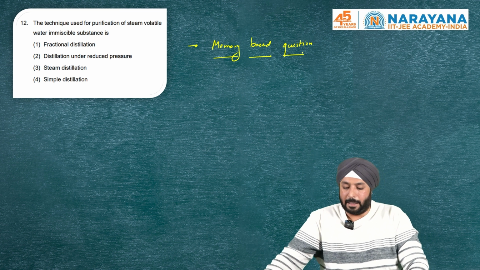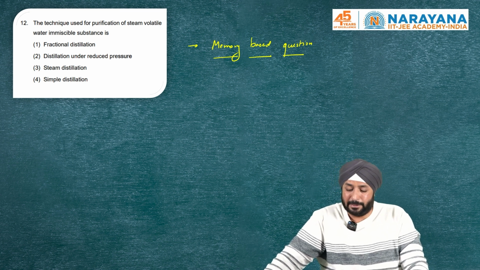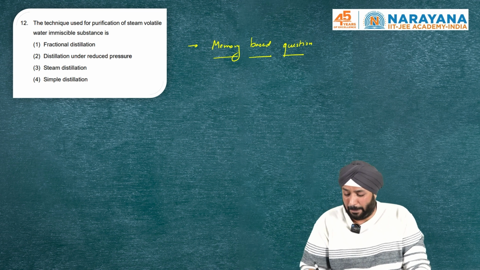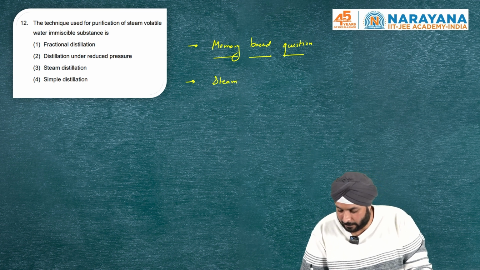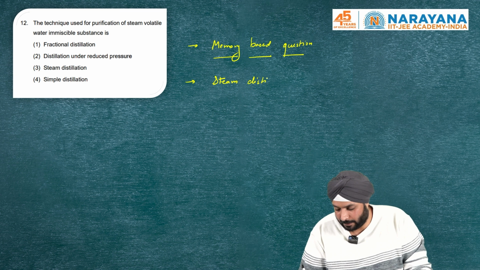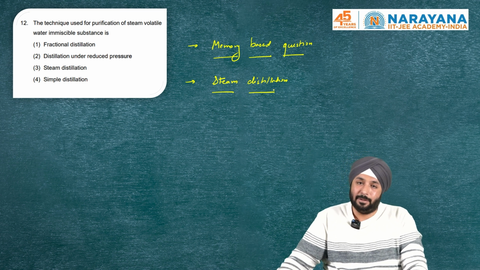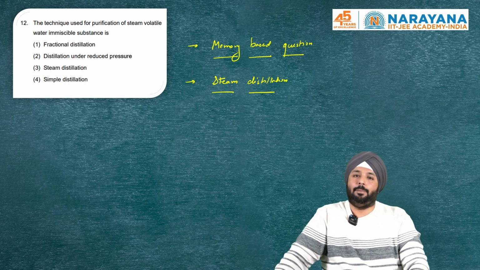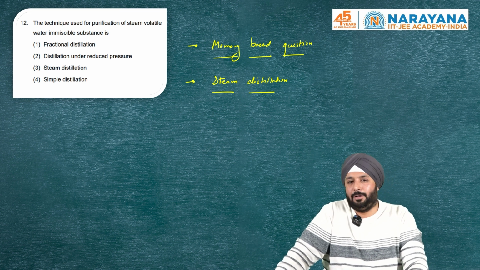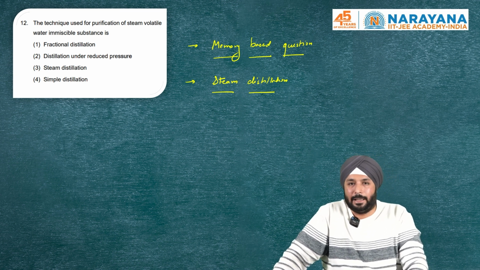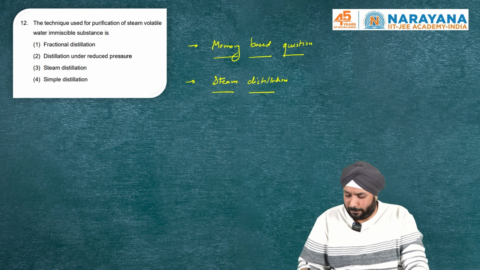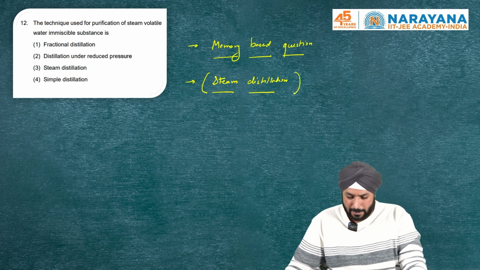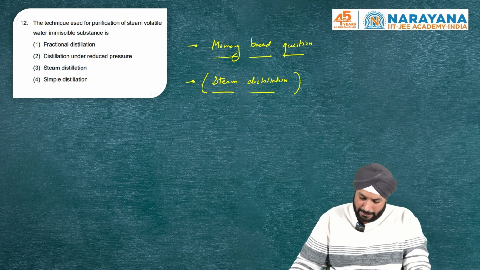Whenever any particular molecule is steam volatile and immiscible with water, the separation technique which we will employ is steam distillation, where on passing steam inside a solution which is immiscible with water, the vapor pressure of steam plus vapor pressure of compound will collectively result in the boiling of the particular organic compound which you want to separate, right? So it's a very simple question, direct from NCERT. If you have read that, any student can do it nicely.